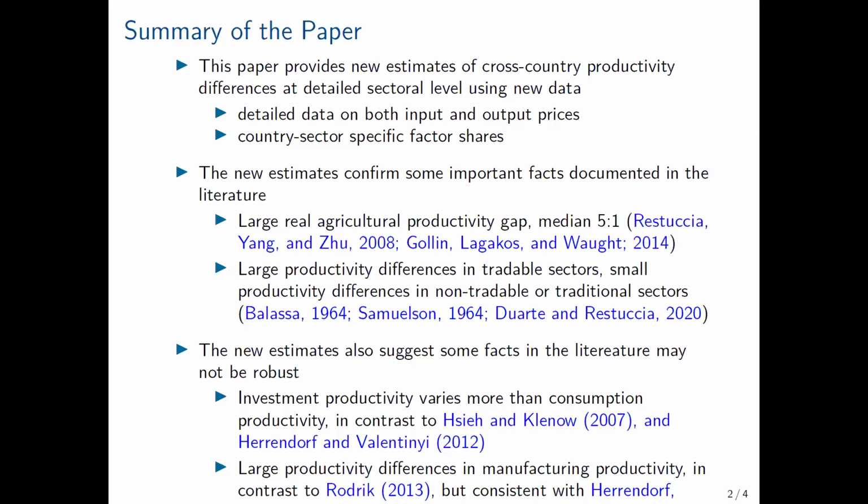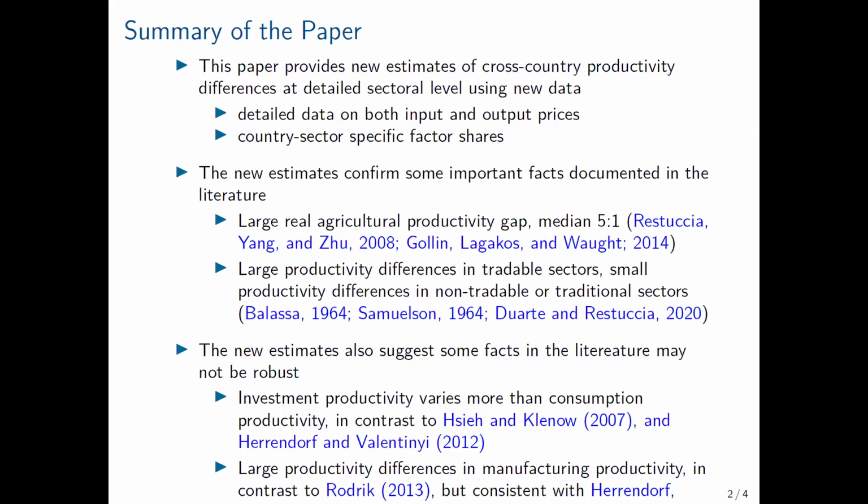Now, we also raise some questions about some other well-known facts. The first is Hsieh and Klenow's paper about the productivity of investment, where they show that the price of investment goods is pretty constant across countries. Based on that, they find that to explain the observed capital-output ratio differences across countries, you need a large productivity difference in the investment production sector, the sector for producing investment goods.